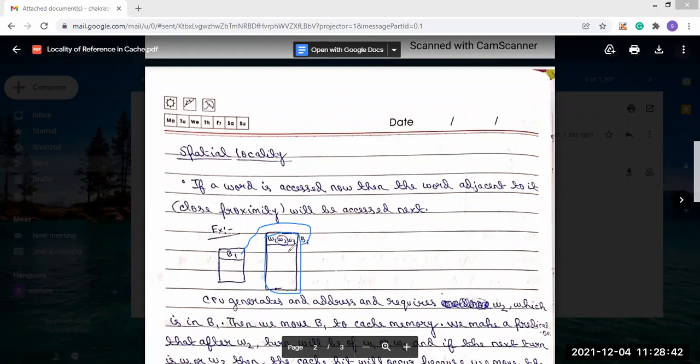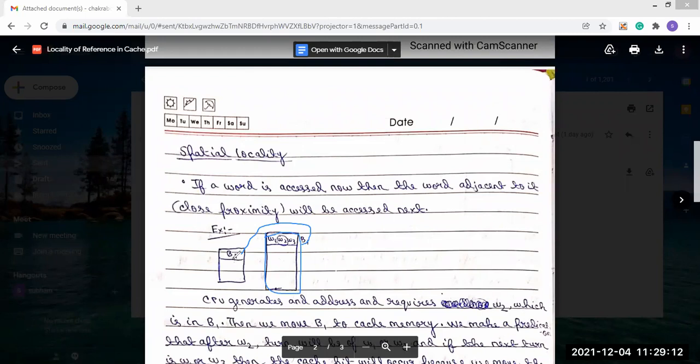We have to move the whole block to the cache, because in the cache we can accommodate blocks. The CPU accesses the block from there, but the CPU doesn't require all the words present inside the block. It only requires word number 2.